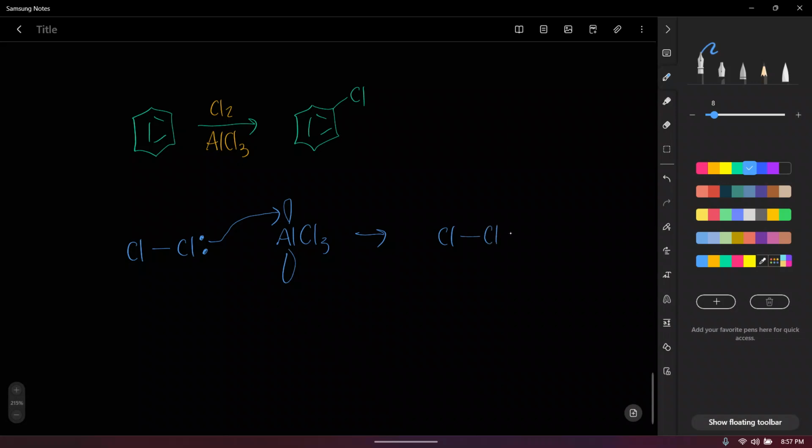Now, aluminum normally only wants 3 bonds. Aluminum now has 4, so aluminum is negative. And chlorine normally only wants 1 bond, and it has 2, so chlorine is now positive. Remember, guys, get good at formal charges so that you can understand.